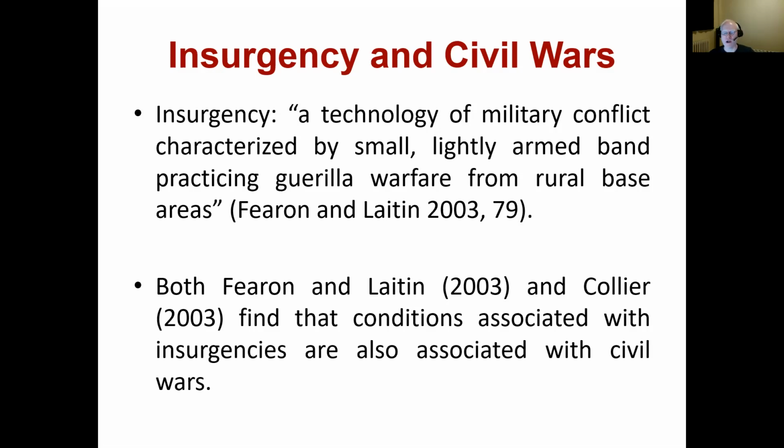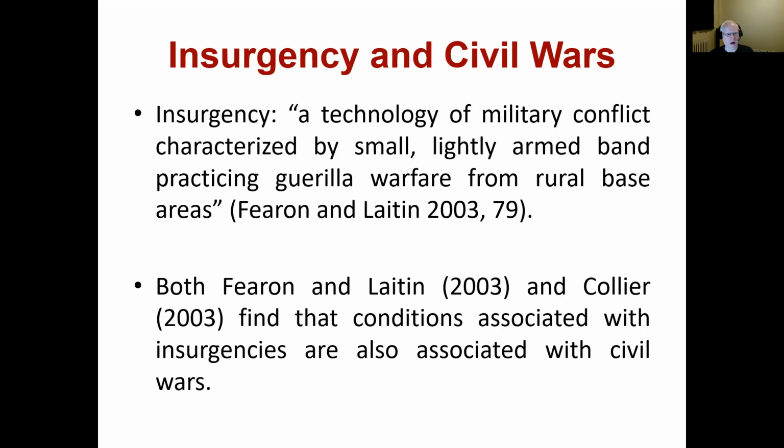You're not fighting conventional pitched battles on the battlefield. You have strongholds in rural areas, and you bring to bear the weapons that you can, which are often much smaller or lighter than what conventional armies would be fighting, and you fight guerrilla style warfare: hit and run tactics, ambushes, and combat of that form.